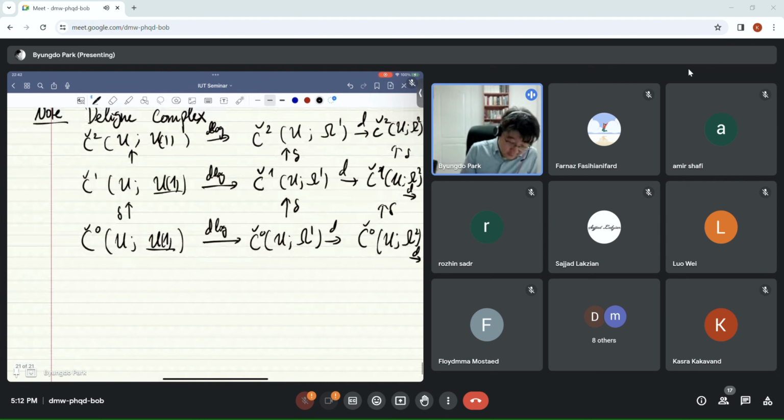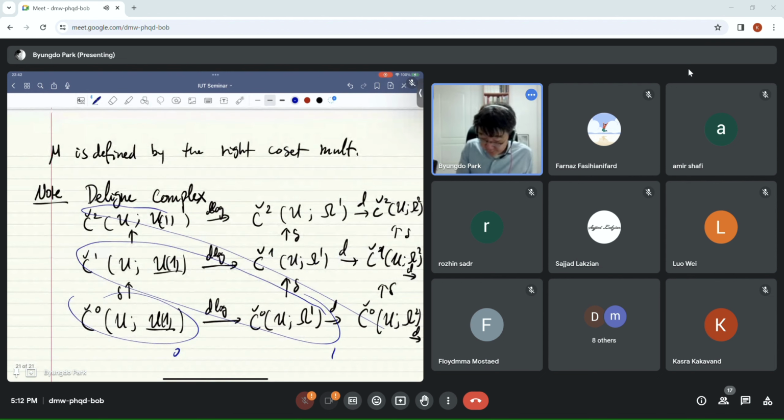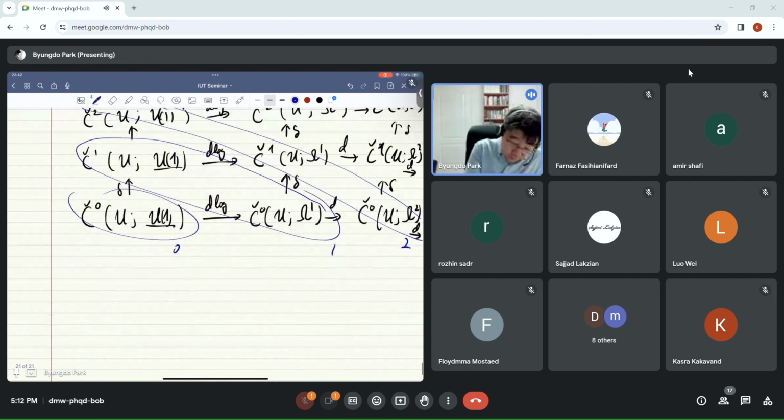And so this is total degree 0. If you consider the form degree and function degree, the sum of the degree here is 1, and the sum of degree here is 2. So you consider this total complex with this total differential D. It consists of this Čech differential and then D, but you need actually some sign here, minus 1 to the form degree.